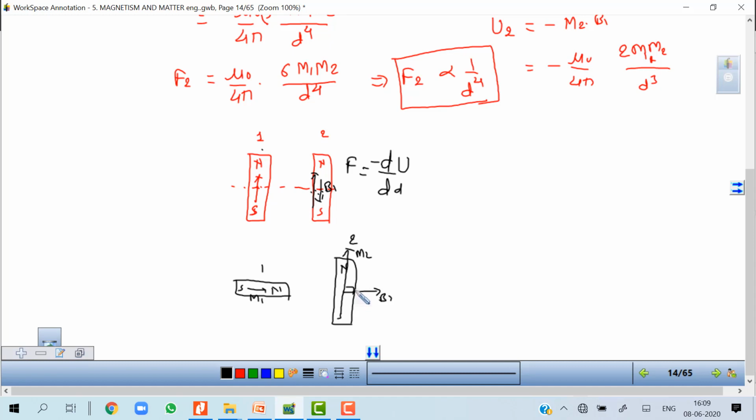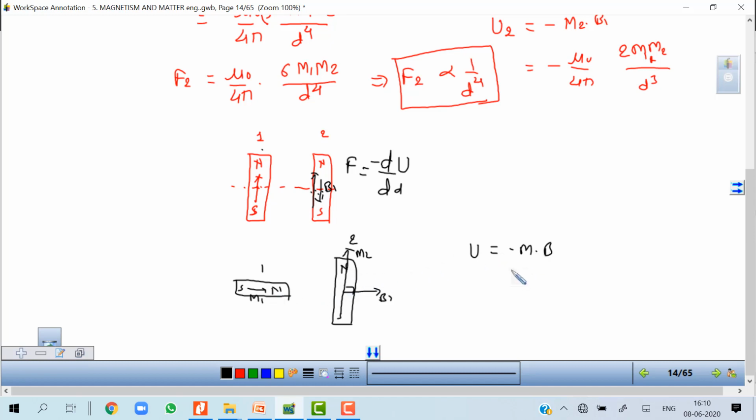So torque is acting. And if I calculate the potential energy, what will theta be in the potential energy? 90. Potential energy, what is the formula? M dot B with negative sign. So mB cos 90, so it is 0. So potential energy is 0 here.